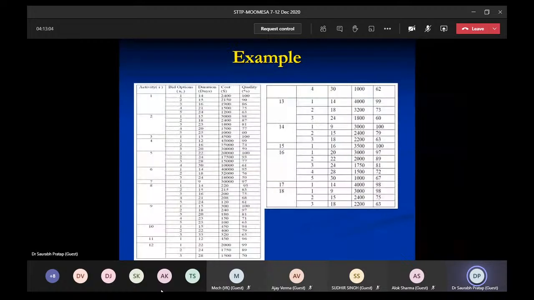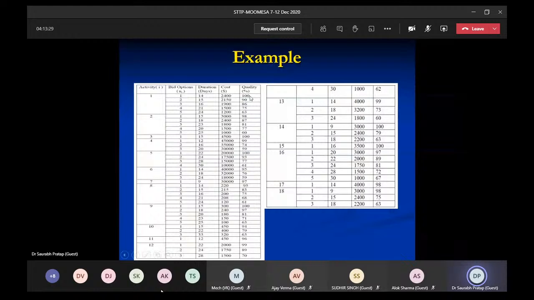Now you can see that this is a data set. We have 18 activities, and for the bid options, in the first activity we have 5 options. For the first option it takes 14 days, the cost is $2,400, and the quality is 100%.